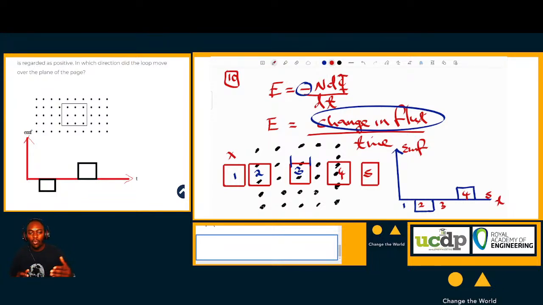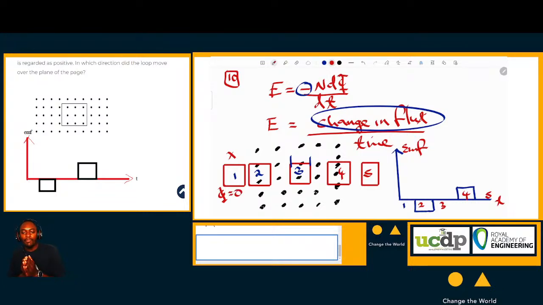Let's move. We're pushing this coil towards the right, and you see that one side enters the field as we are pushing. The other side is still outside. So when the other side enters, it means that the flux now has increased, because we started from a phi of 0 at this position number 1.